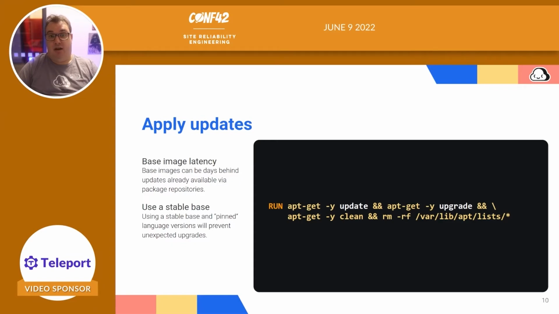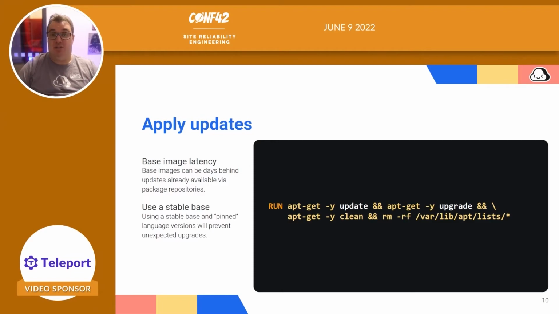Avoiding run apt-get upgrade in Docker files was considered best practice. In the vast majority of cases, this is not good advice. Base images from vendors and large projects are frequently updated using the same tag to include critical bug fixes and security updates. However, there can often be days between the updates being published in the package repositories and the revised base images being pushed to the registries.